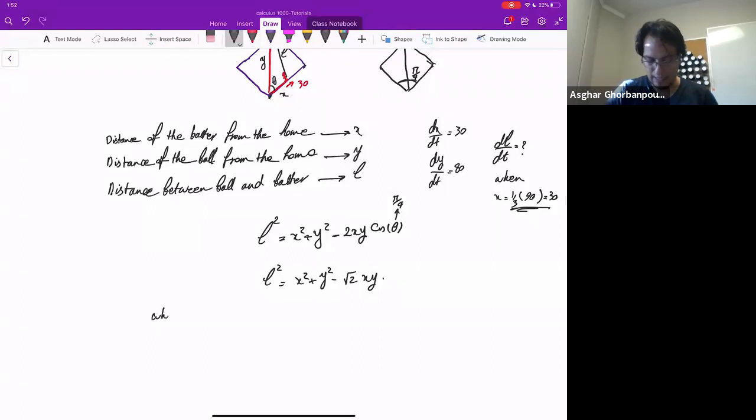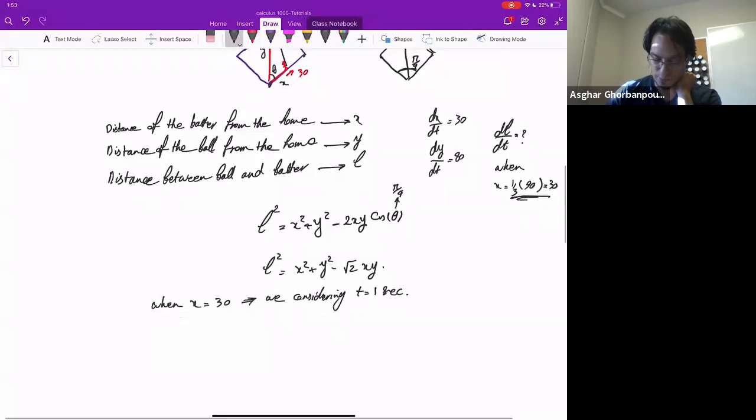And then when x is equal to 30, what will be y? This is what you have to do, combine different things. When x is 30, since the batter was running with the constant speed of 30 feet per second, that means we are considering the time to be 1 second.